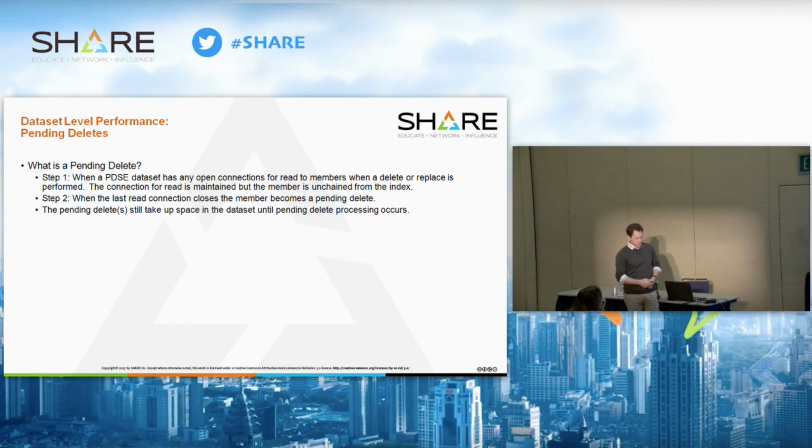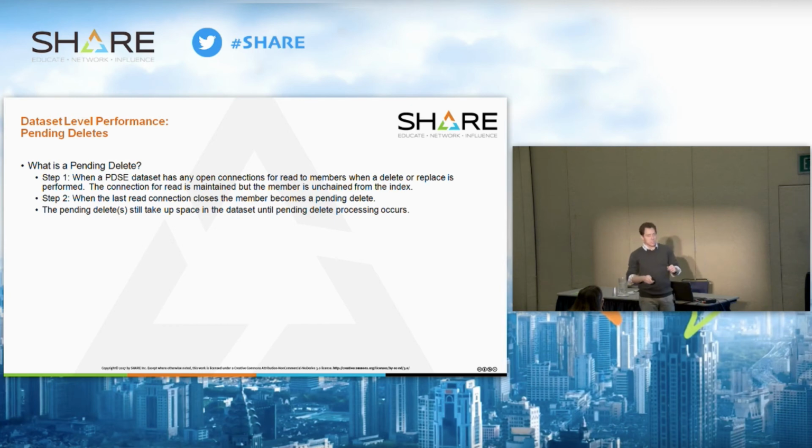So those pending deletes take up space in the data set. If you still have somebody connected to it, now you essentially have twice the number of members. We have the old member with the reader connected, and we have the new member that we just wrote out. So we have twice the members sitting out there in the data set, even though you're only seeing the new member if you, say, did a browse.